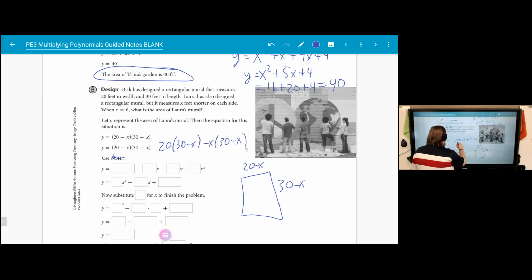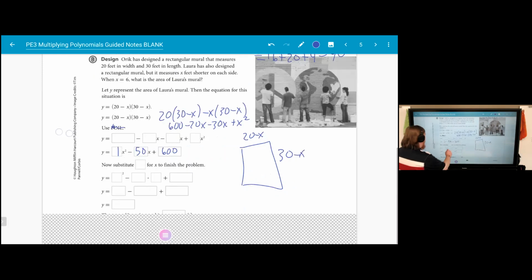With that, you get 600 minus 20x minus 30x plus x squared. Combine your like terms, you end up with 1x squared minus 50x plus 600. And now all we've got to do, plug 6 in to figure it out.